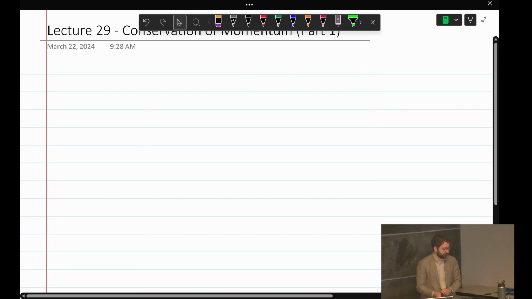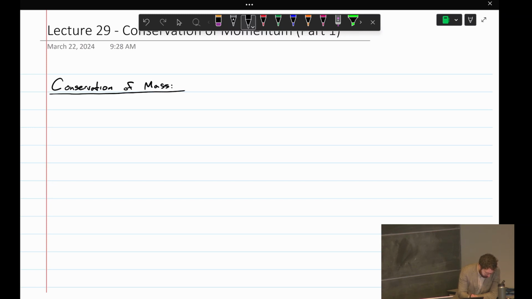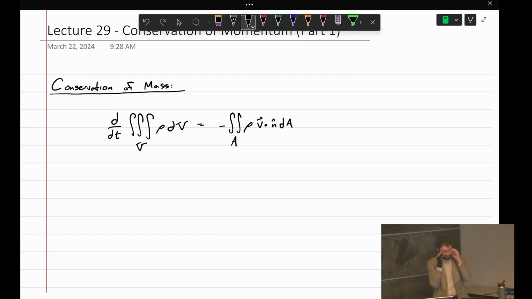Okay, so as I said, we're going to do conservation of mass to start. I'm just going to review the equation we have for conservation of mass. d/dt of this volume integral is equal to this area integral here.